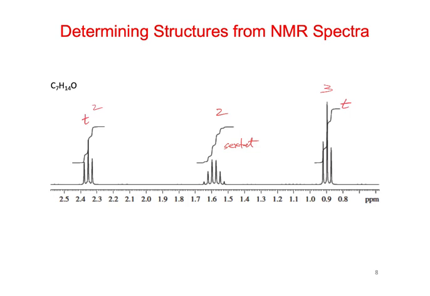So essentially this is a CH2 group, and it's a triplet, so it has to be next to a CH2, right? And then over here, we have a methyl group, and it has to be next to a CH2 group, right? And so this CH2 group and this CH2 group have to be the same.